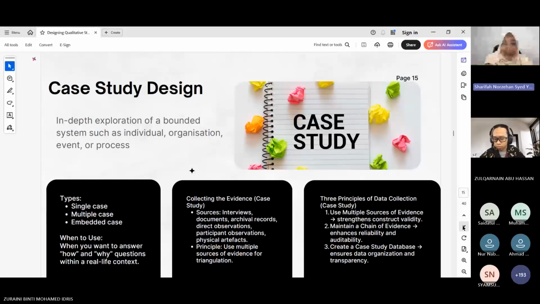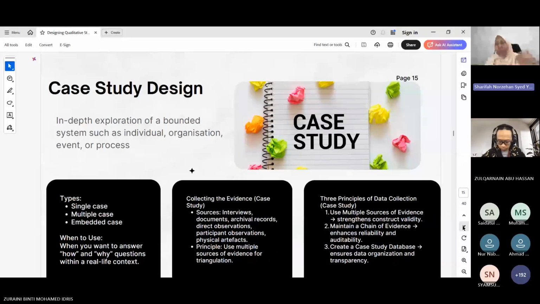When we talk about data triangulation, if you have interviewed someone and someone talks about a certain terminology, you can refer to another document that talks about the same thing. For example, in my case, I interviewed the general manager, and the general manager mentioned that the way their organization works is very much influenced by the strategic planning that they do.